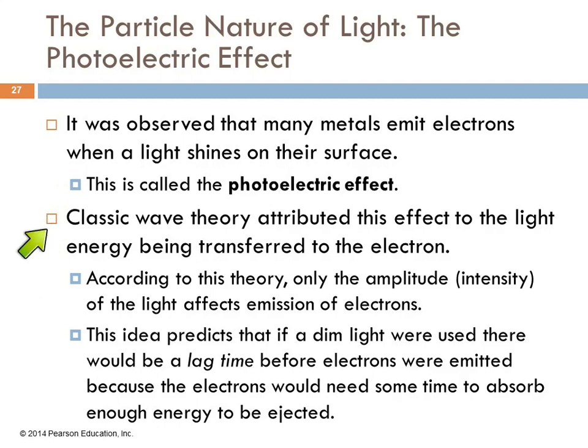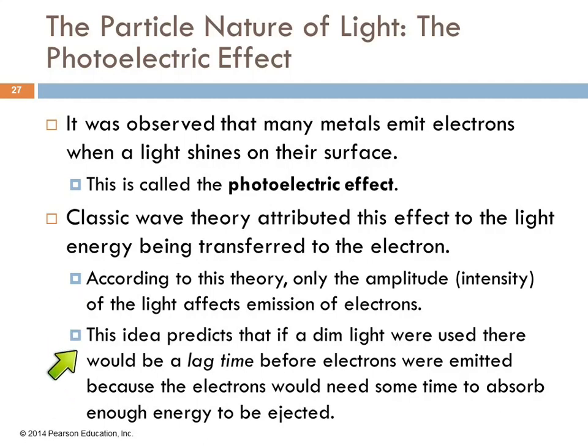And classical wave theory said that this was because the light energy was being transferred to the electrons, and then the electrons had enough energy to escape. But according to this theory, only the amplitude of the light should affect the emission of electrons. So if the light was more intense, you should get more electrons, and if the light was dim, you should get fewer electrons.